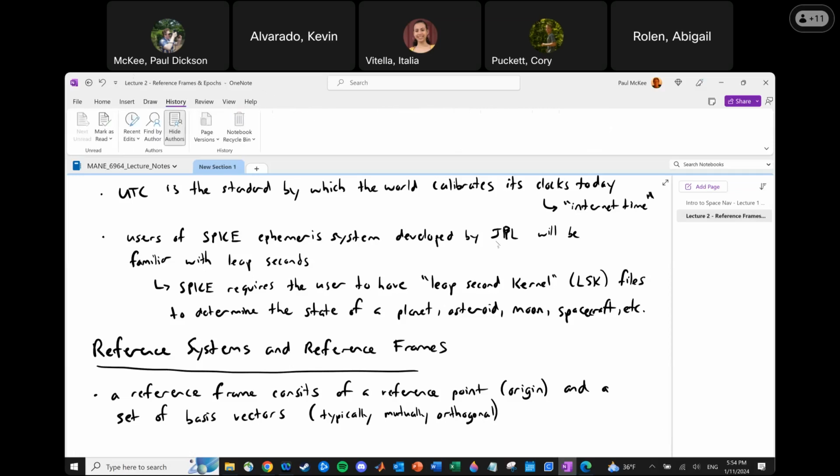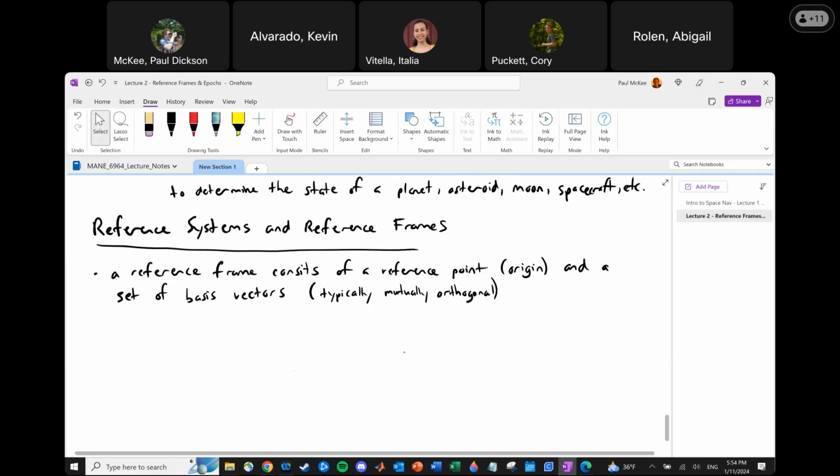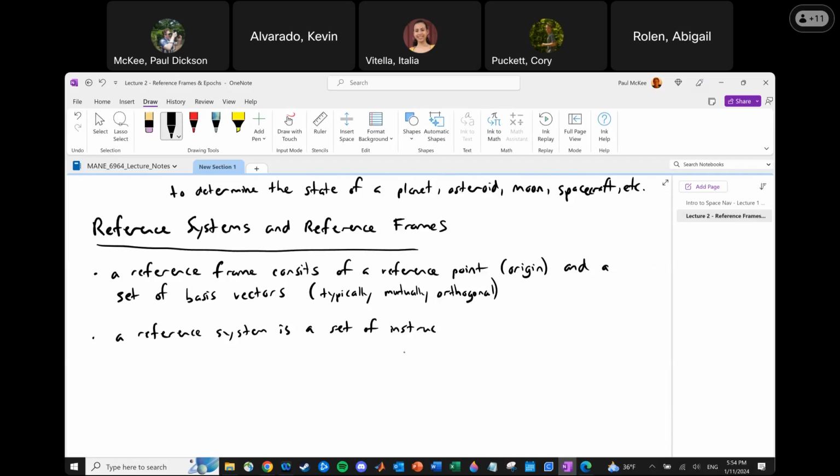And so then what's the difference? Oh, still drawn. Between a reference frame and a reference system. You might hear those terms used. A reference system is a set of instructions that are used to form a reference frame.